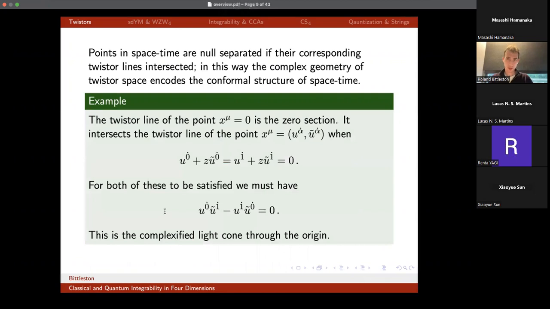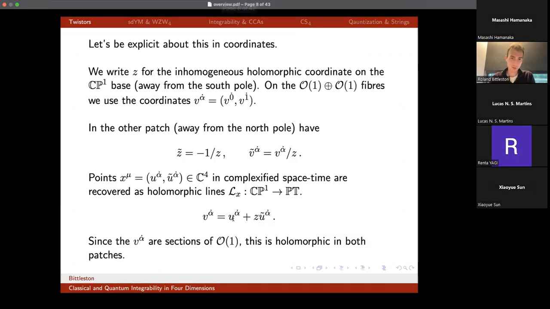All right. So twistor space encodes the conformal structure of flat space. And the way it does that is that points in complexified space-time are null separated if their corresponding twistor lines intersect. So for example, let's look at the origin in complexified space-time. That essentially means we set U and U tilde to be 0.